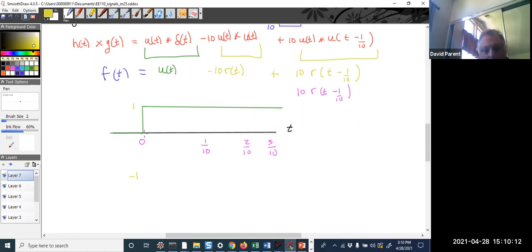So I'm just going to draw that ramp here where it's at minus 1 at 1/10. Then we have a ramp going upwards with the same slope of 1/10. And now we have to sum these.